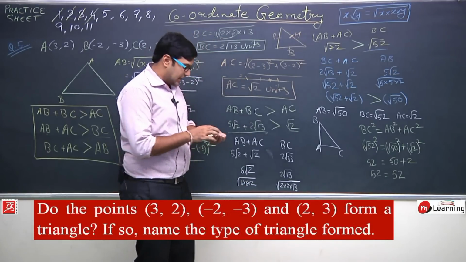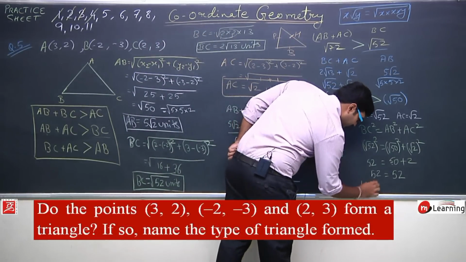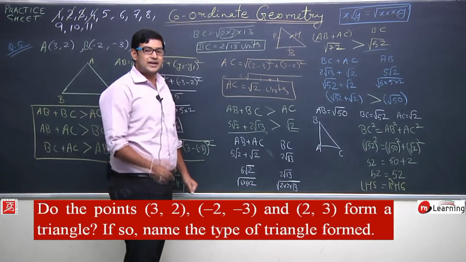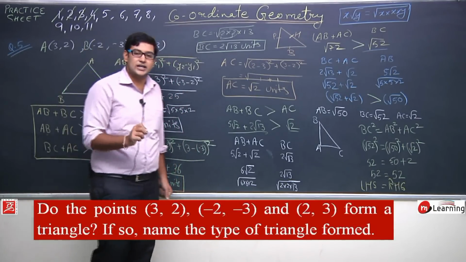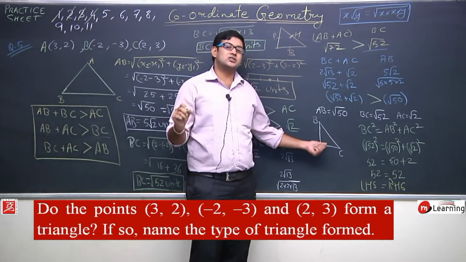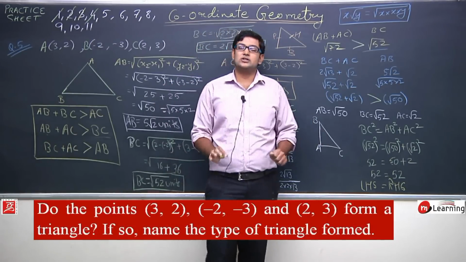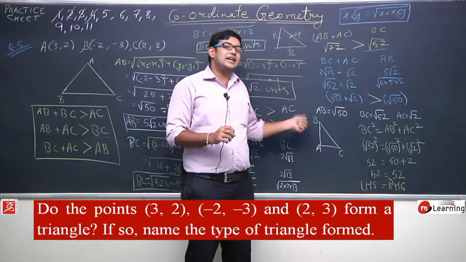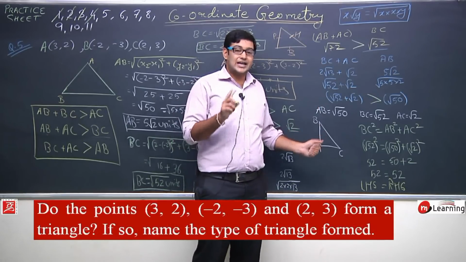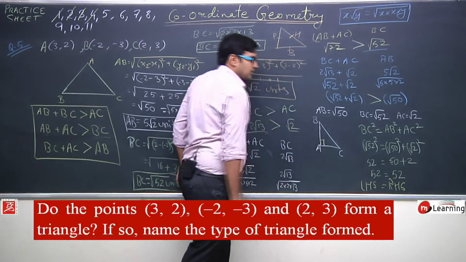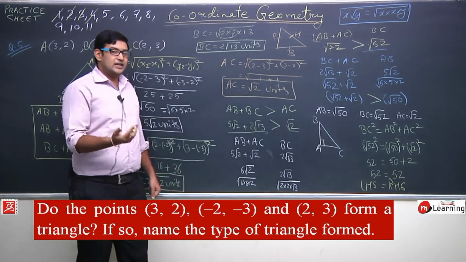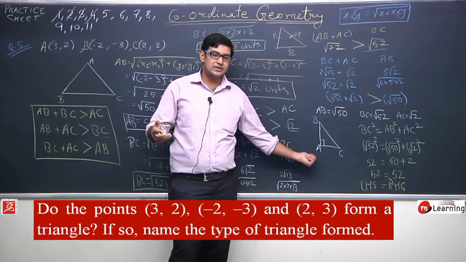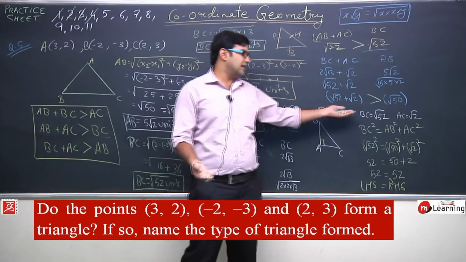So you can see that LHS is equal to RHS. हमारे पास यहाँ पर LHS और RHS बराबर आ रहे हैं. इसका मतलब इस ट्राइंगल में पाइथागोरस थ्योरम पूरी तरह से अप्लाई हो रहा है, पूरी तरह से वैलिड है. और अगर ऐसा है तो डेफिनेटली यह ट्राइंगल एक राइट एंगल ट्राइंगल है और 90 डिग्री वाला एंगल कौन सा है? ये A वाला. ओके और हमने अभी देखा यह ट्राइंगल एक स्केलन ट्राइंगल है क्योंकि कोई भी साइड इक्वल नहीं है.